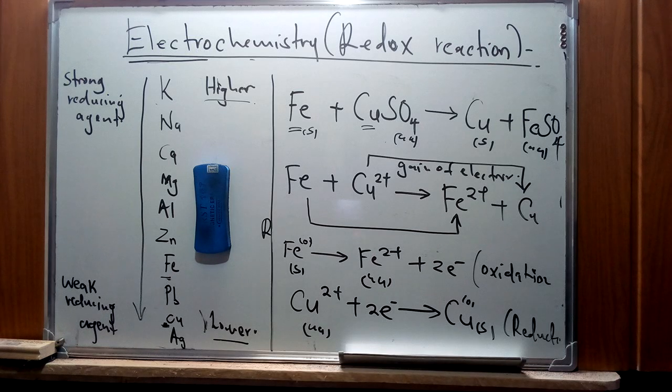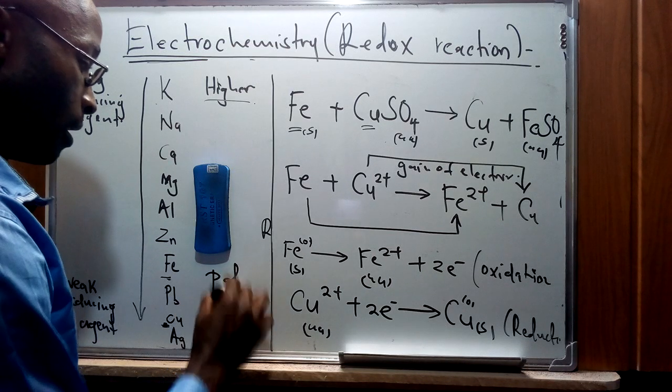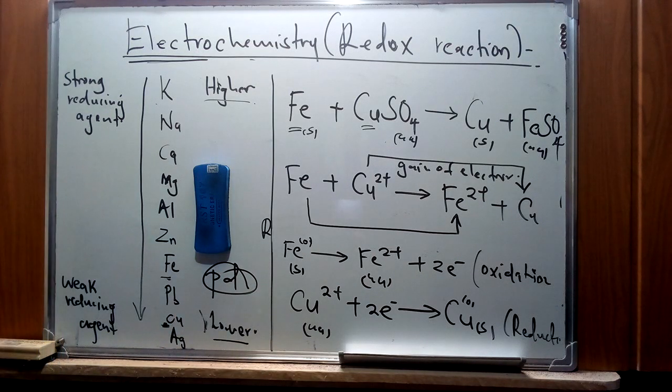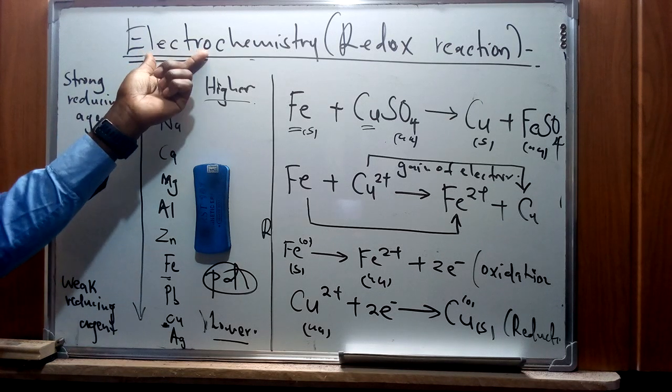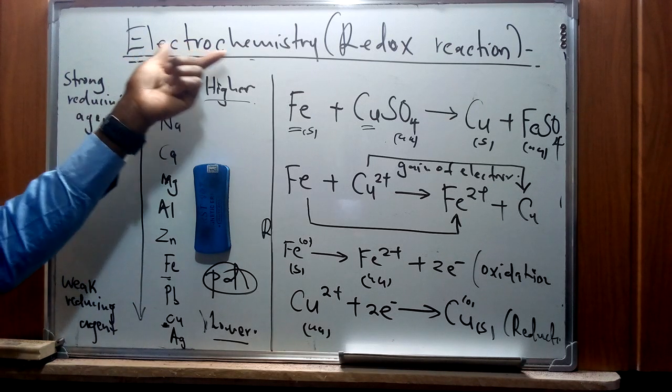So in a redox reaction, the energy that is released due to the movement of charged particles gives rise to a potential difference, and this is what gives rise to the concept of electrochemistry.